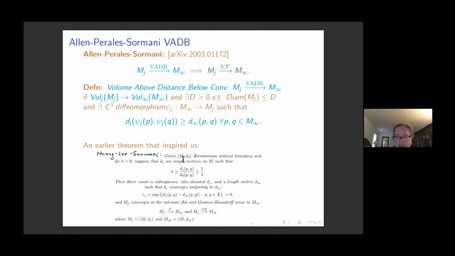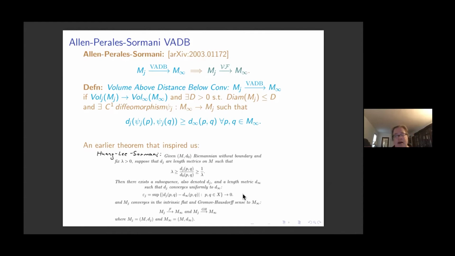This d_0 is used to estimate the ratio of distances, but the closeness of d_j to d_infinity is only a difference in the distances. And we're able to prove that we get intrinsic flat and Gromov-Hausdorff. For Gromov-Hausdorff, you don't need this extra part, but for intrinsic flat convergence, we did need these ratios in this original proof by Huang and Li. This is in the appendix of our paper.